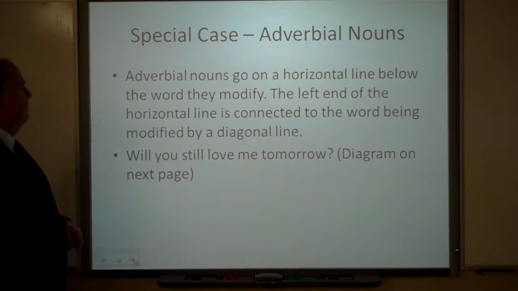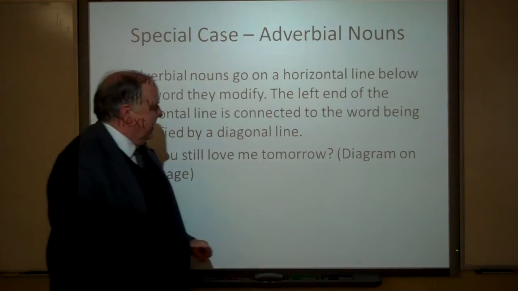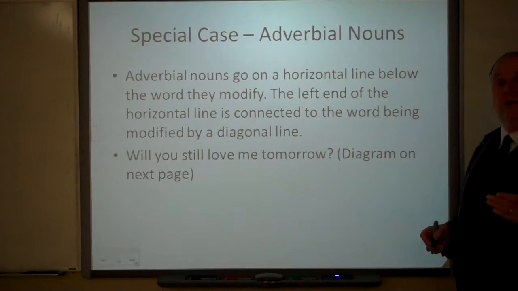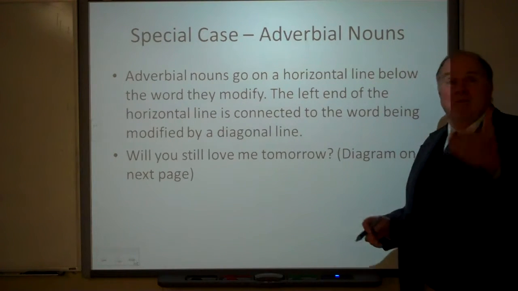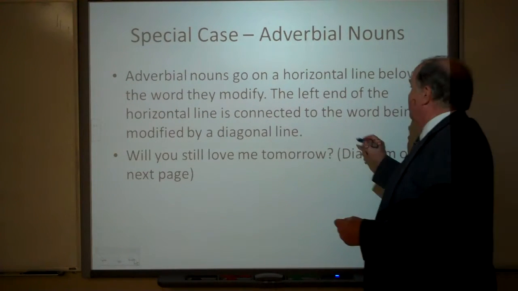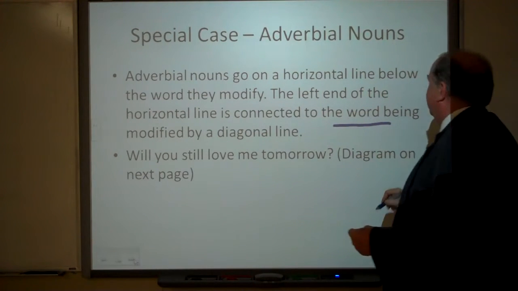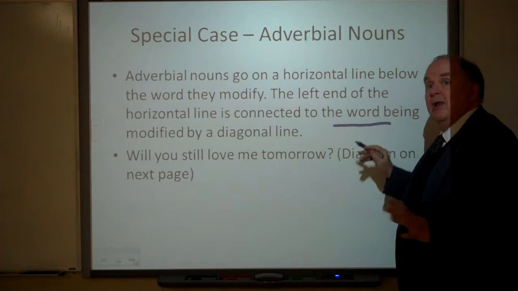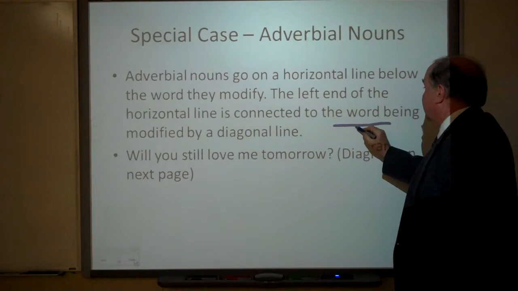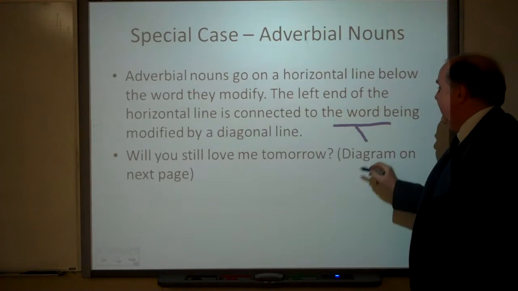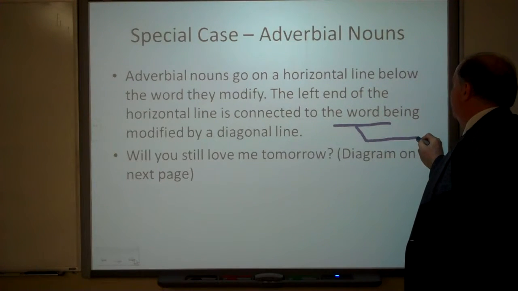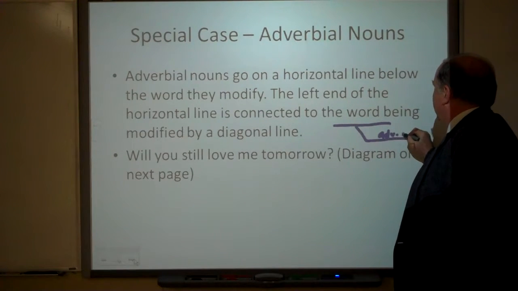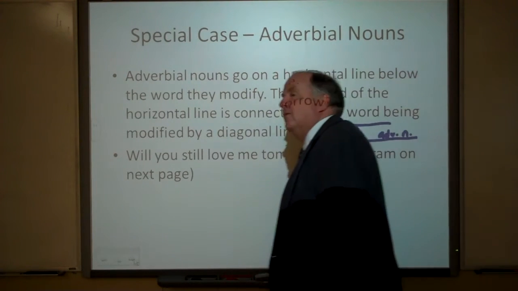Now, we try to keep our nouns on horizontal lines, but we have a modifier coming off a diagonal. So what we do here is we would have the adverbial noun below the word it modifies, but instead of putting it on a diagonal, we extend a horizontal out from the diagonal and put the adverbial noun on that horizontal.